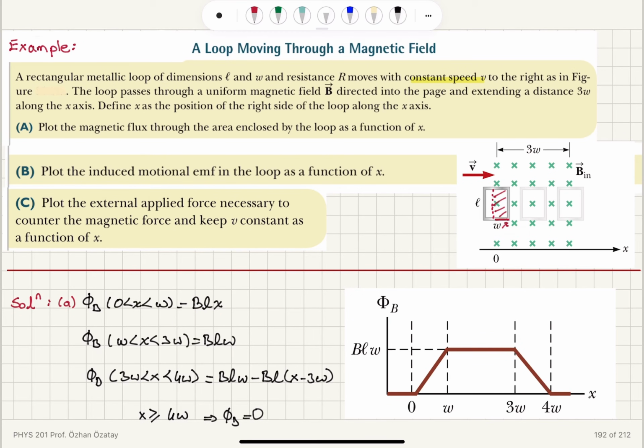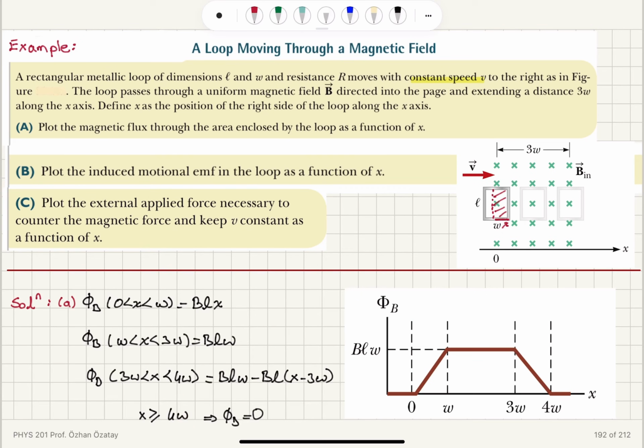Afterwards, the flux is constant, it's BLW until x is equal to 3W, where the right side touches the end of this region, and afterwards it's going to start decreasing until x is equal to 4W, when it's completely outside the region. When x is equal to 4W, here you can see BL(4W minus 3W), BLW, BLW, they cancel, we have 0 flux.